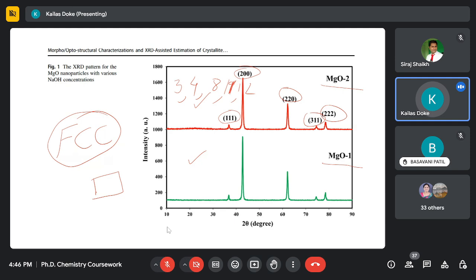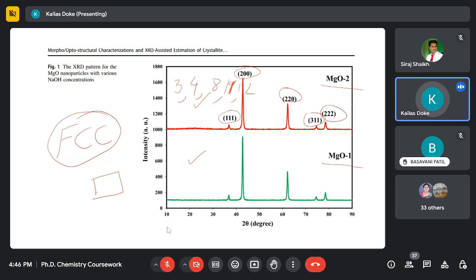How did they do it? They used this particular equation. In every research paper, the crystallite size of nanoparticles or crystalline material is obtained by the Debye-Scherrer equation, and they got the Nobel Prize also for this particular equation.